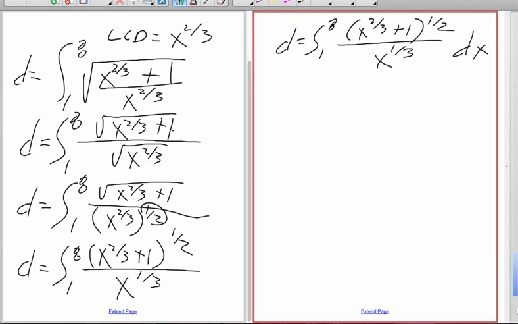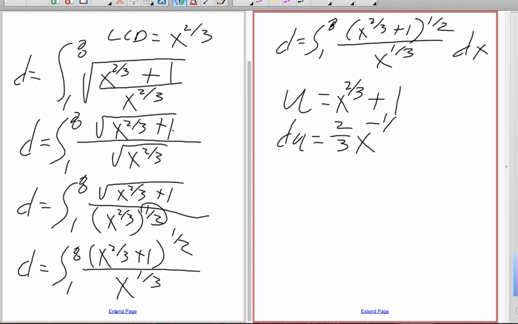Alrighty. So my u then is going to be x to the 2/3 plus 1. Du then will be 2/3 times x, and you subtract 1, it'd be to the negative 1/3. And right there is our x to the negative 1/3.